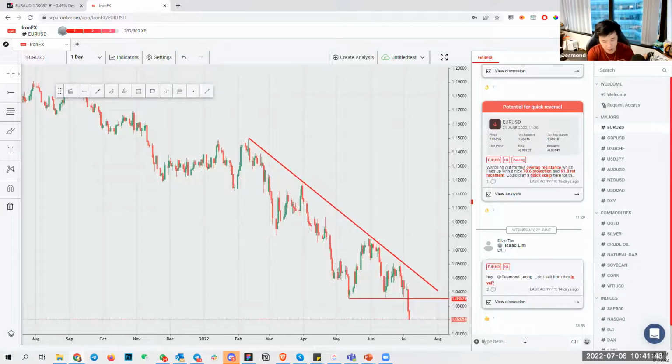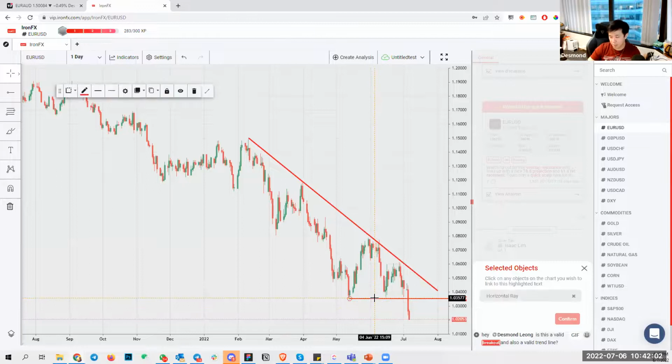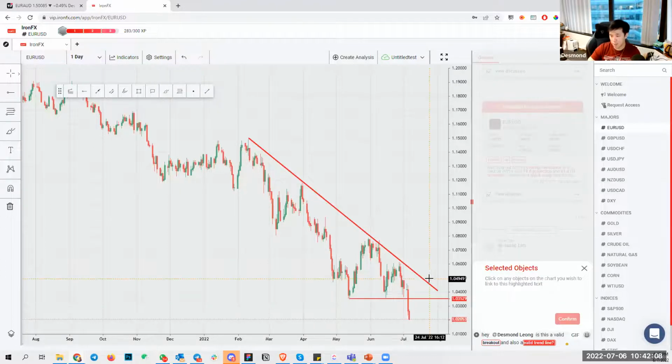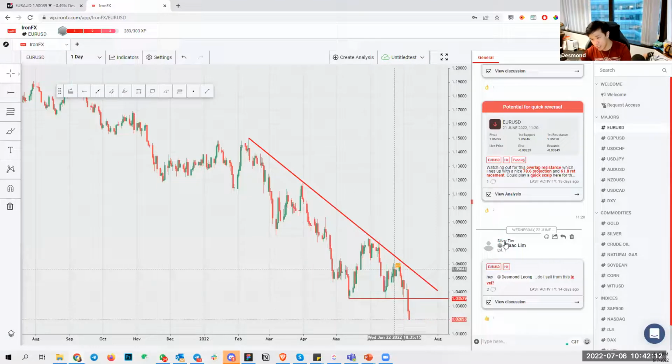You can just come in here and say, hey Desmond, is this a valid breakout and also a valid trend? Highlight the word, select link object to text, and select the object that you just drew. For the trend line, you highlight it, select link object to text, select the trend line, click confirm, and send the message through.